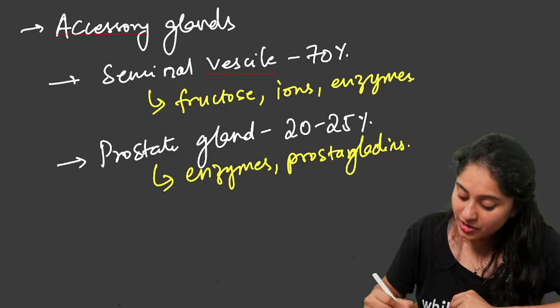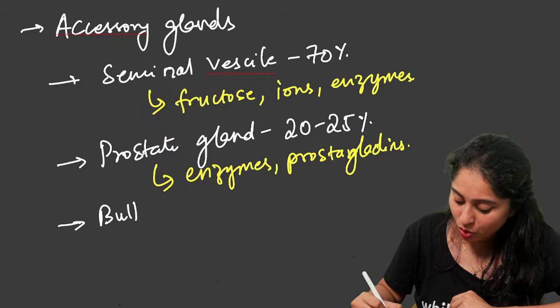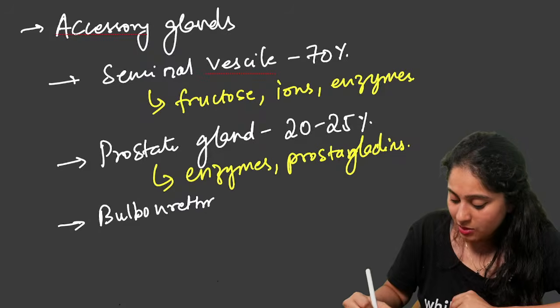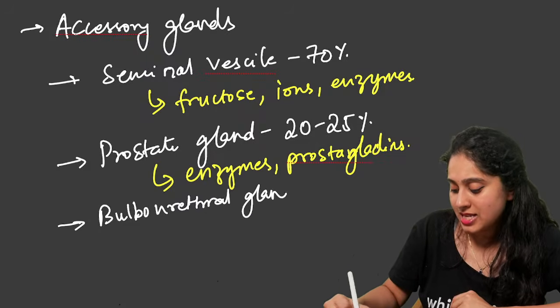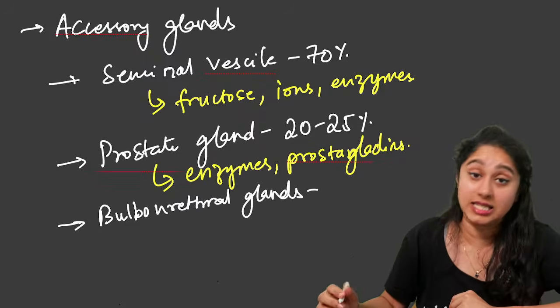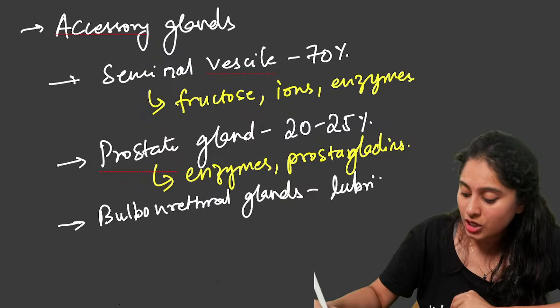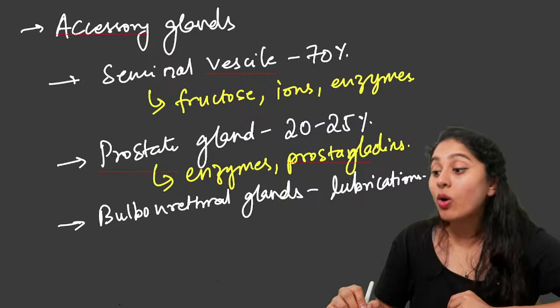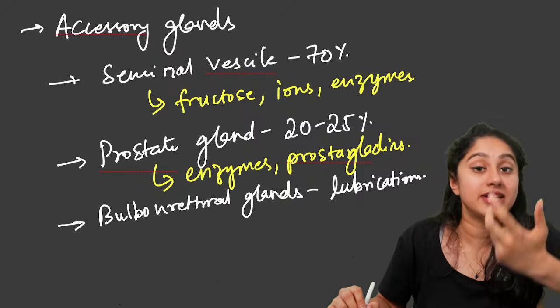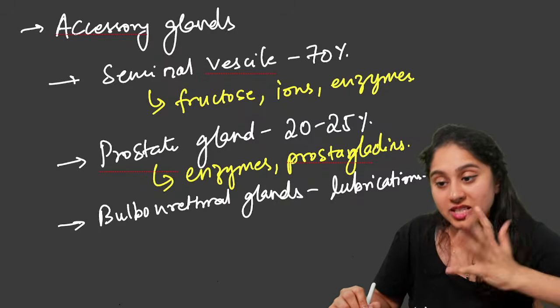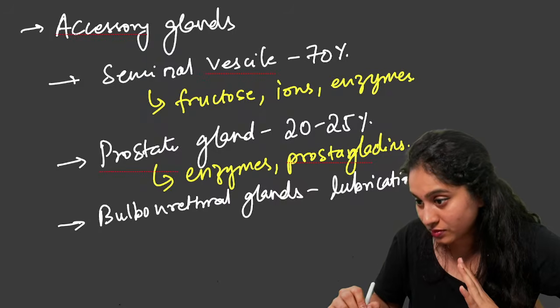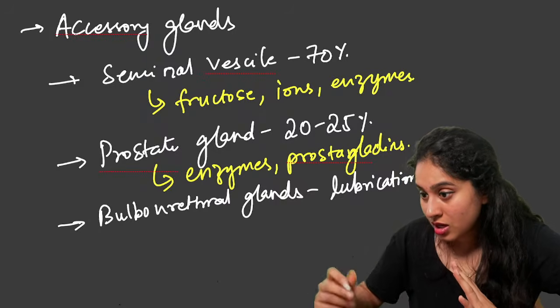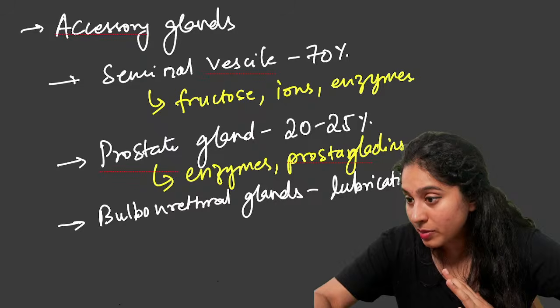Last, we have the bulbourethral glands. These secrete a mucus-like substance mainly meant for lubrication during insemination, and it also helps to neutralize the acidic pH found in the female's reproductive tract. Is that clear, everybody?